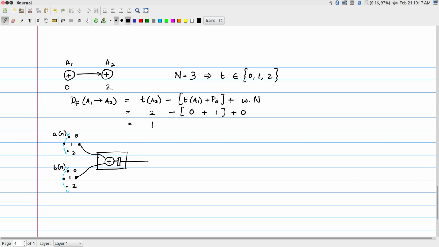Okay, there is no operation at time 1. Therefore, there are no inputs to be given to the adder at that time. And at time 2, what I have is C of n to be provided here, and this output of the adder to be provided, but now because DF was equal to 1, I need to delay it further by 1 register.